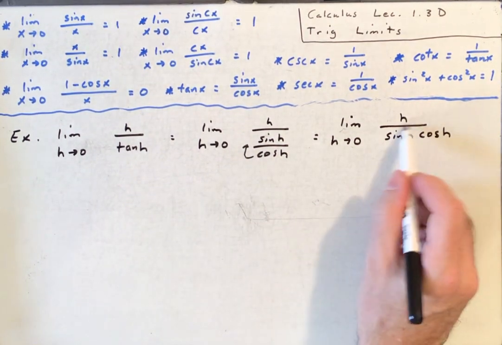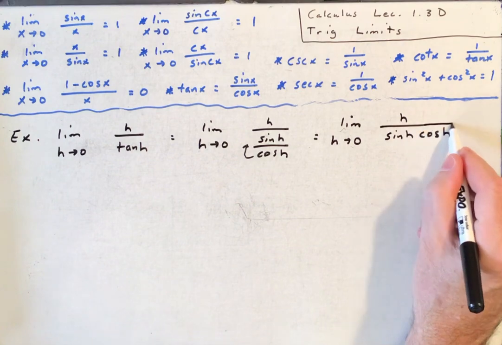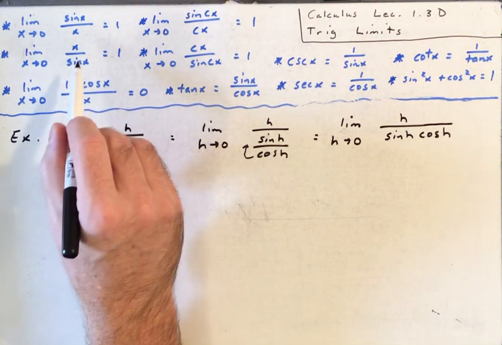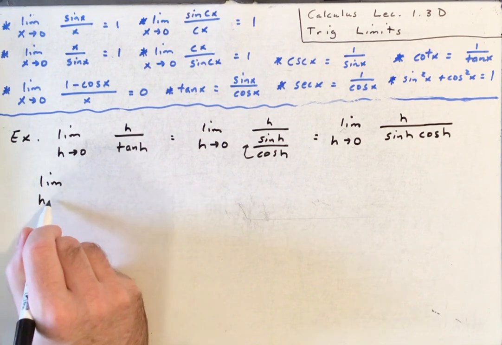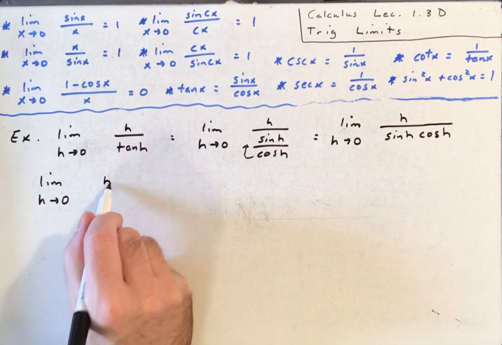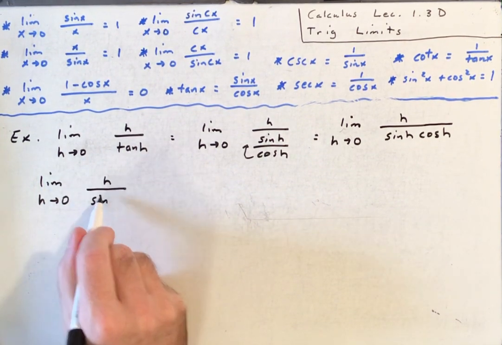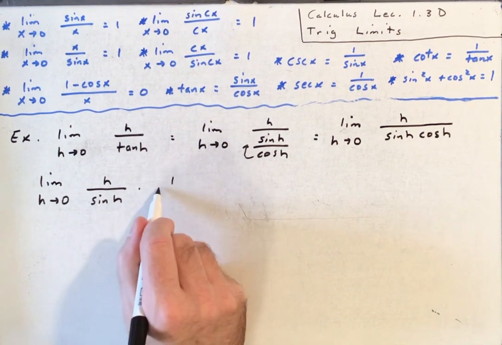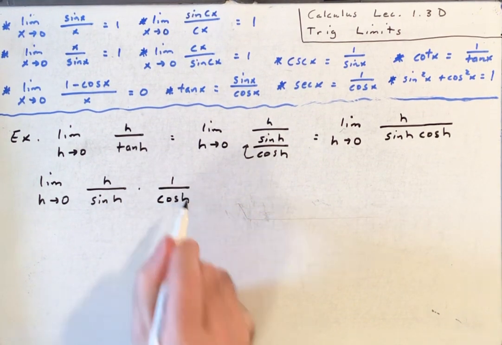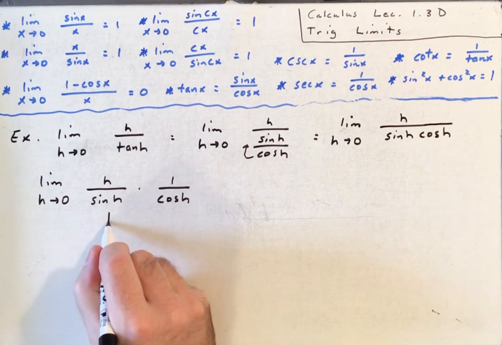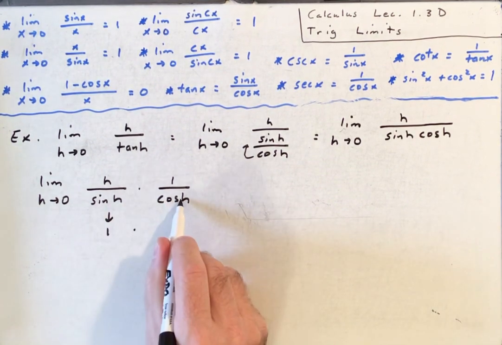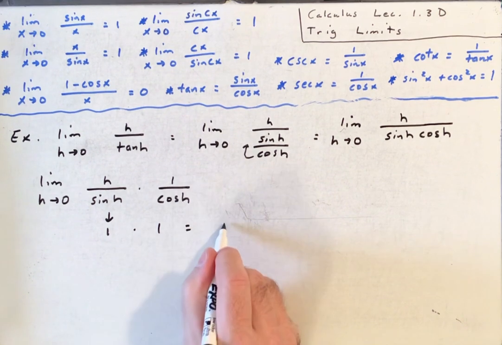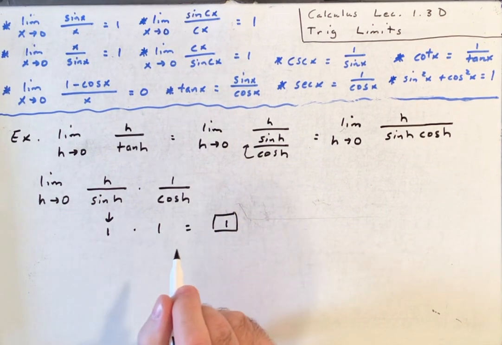And now I hope you can see you can break this up and make it look like this formula right here. So we'd have the limit as h approaches 0 of h over sine h times 1 over cosine h. So we know this is 1. Cosine of 0 is 1, so 1 times 1, and that is just 1.